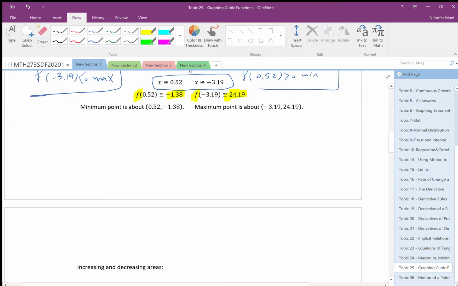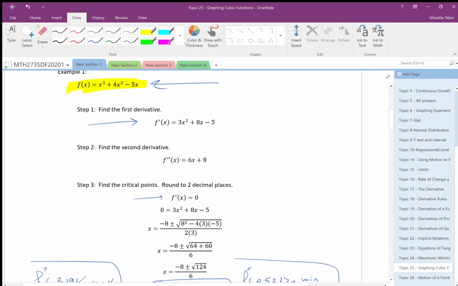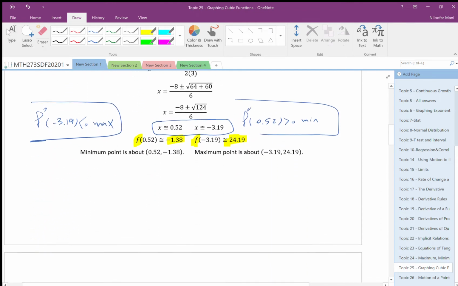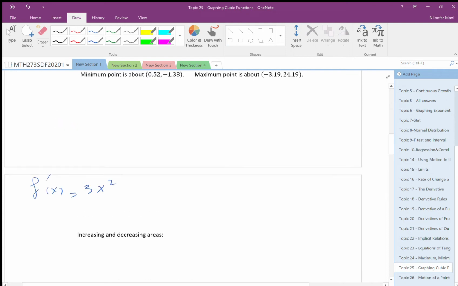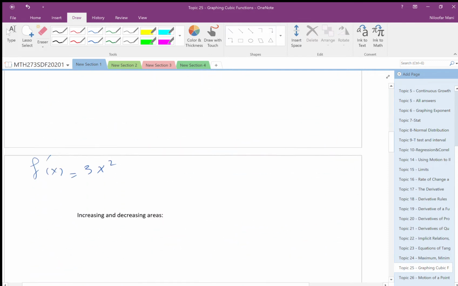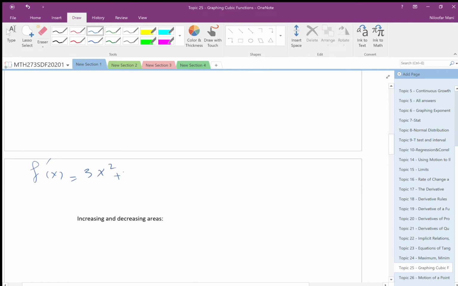So how to find the increasing and decreasing areas? What is the first derivative? 3x squared plus 8x minus 5. So f prime is 3x squared plus 8x minus 5, and I can find 2 points.